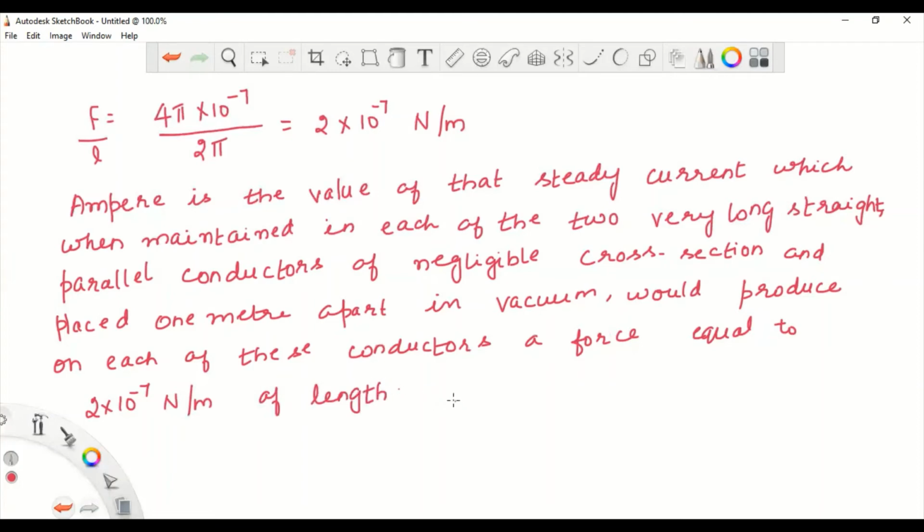So ampere is the value of that steady current which, maintained in each of two very long straight parallel conductors of negligible cross section and placed 1 meter apart in vacuum, would produce on each of these conductors a force equal to 2 into 10 power minus 7 newton per meter of length.